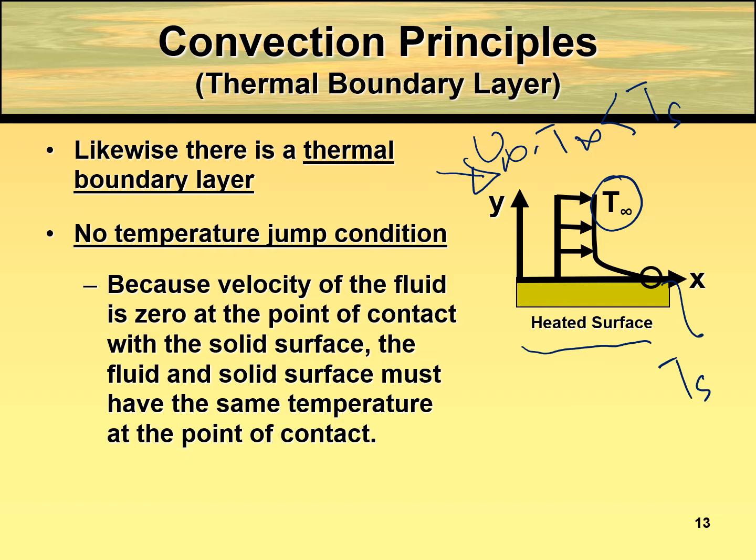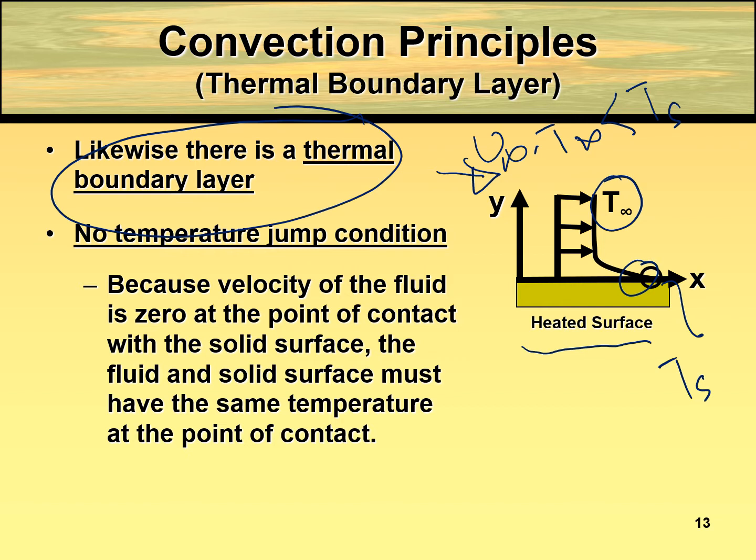So the temperature varies from near this section until it reduces to the free stream temperature. This is what we call the thermal boundary layer.